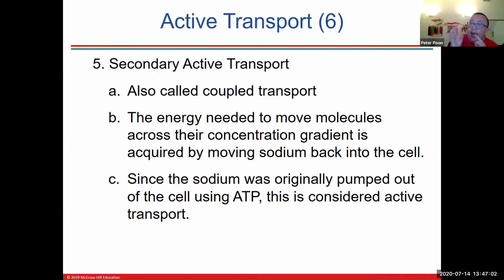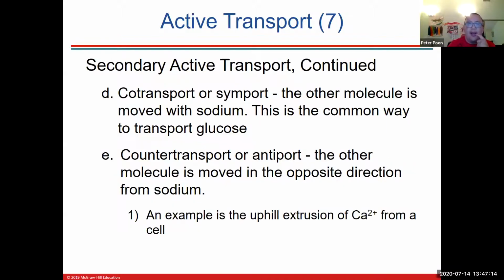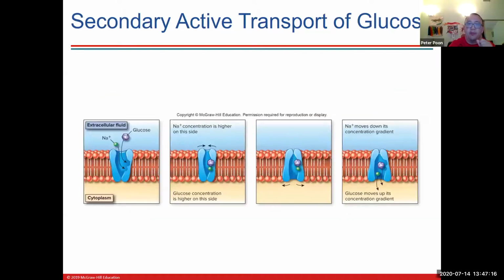Now I have all my sodium stuck outside the cell. That sodium naturally wants to come back through the membrane into the cell. Now I can hijack it for something. I can use it to bring glucose in.